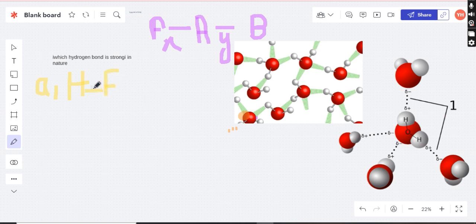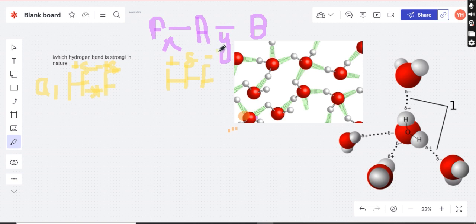The movement is from the partial negative to the partial positive. I think I should change the color because it's not coming out. Then one more hydrogen and fluorine. I might have made a mistake: this is positive, and this is negative.